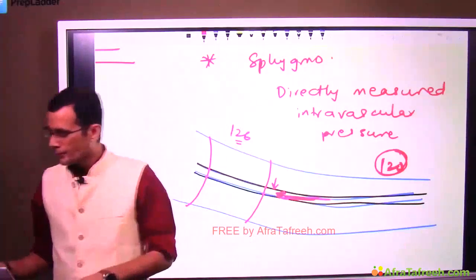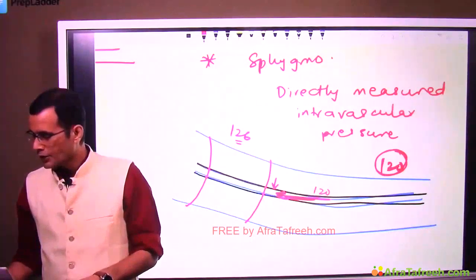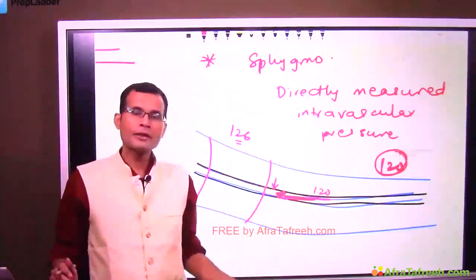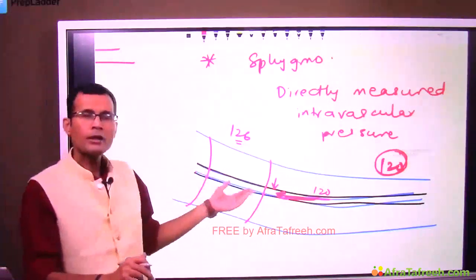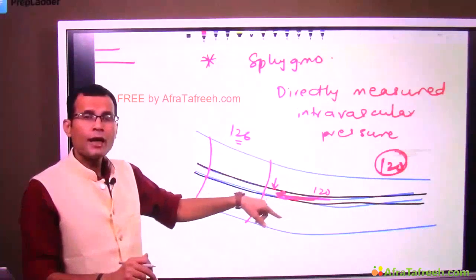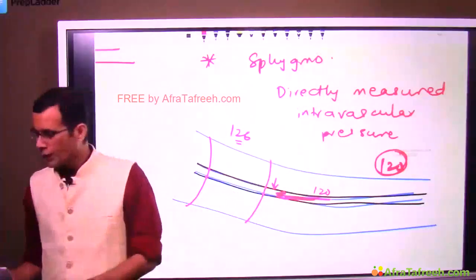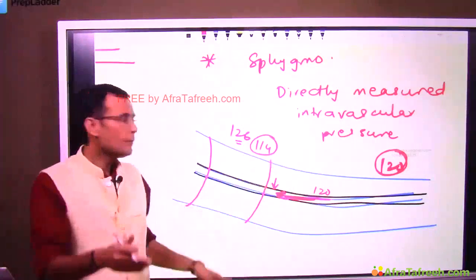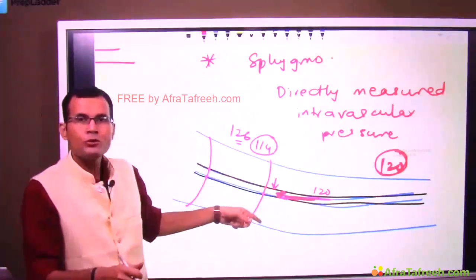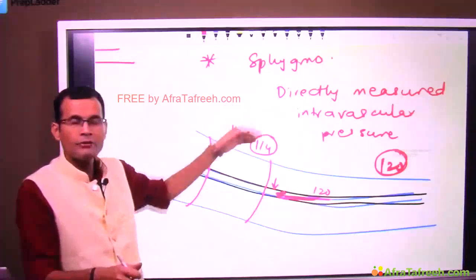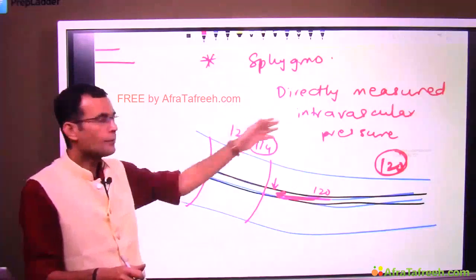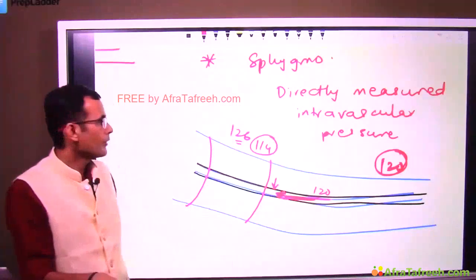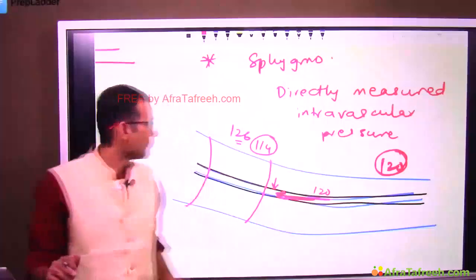That means if the arterial pressure is 120 mm of Hg, then to occlude this artery completely, we will have to apply only 114 mm of Hg. The 6 will be exerted by that tissue between the cuff and the artery. 114 plus 6, 120 will reach the artery and occlude the artery. So this is exactly opposite.